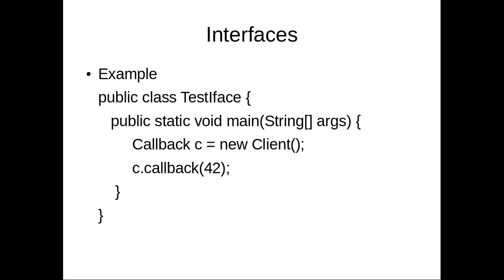Actually Callback is an interface reference, and that is pointing to a Client object. Then c.callback is called. What will happen? It will execute, no problem. That means the callback procedure which has been implemented by this Client class is executed. Okay.